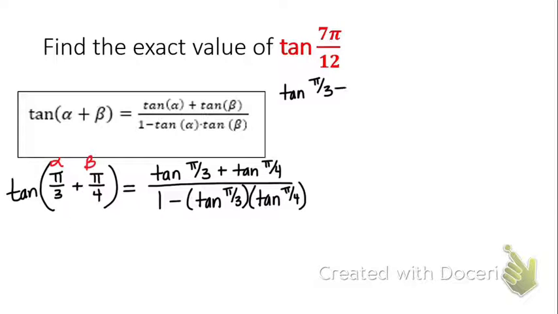So the tangent of pi over 3 equals the sine of pi over 3 divided by the cosine. So let's go to your unit circle. Take the sine of pi over 3 divided by the cosine of pi over 3.